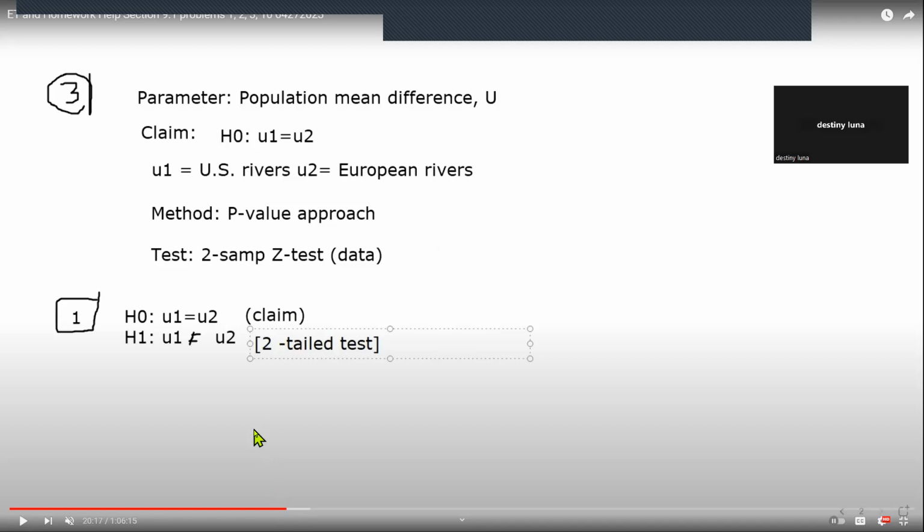And then step one of your hypothesis test looks as you might expect it. Remember, your claim is H0.